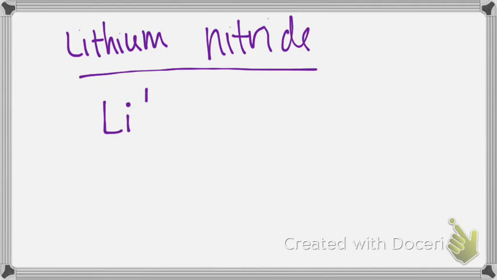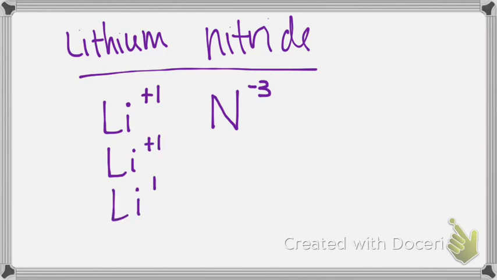Lithium has what charge? +1, and nitride is N -3. Okay, so do I need more of one of those atoms? I need more of lithium. And do I just need one more? I need 2 more, really, to balance that out, don't I?